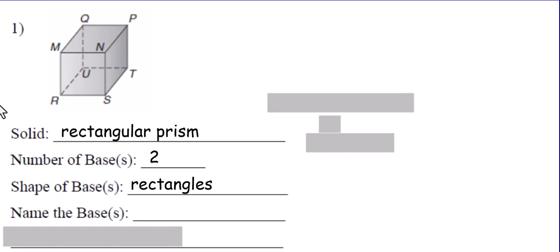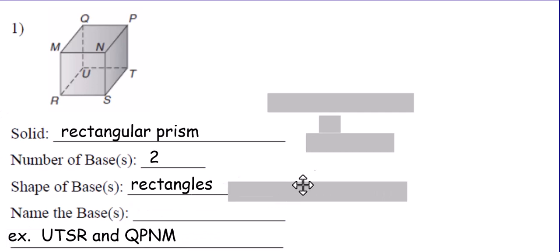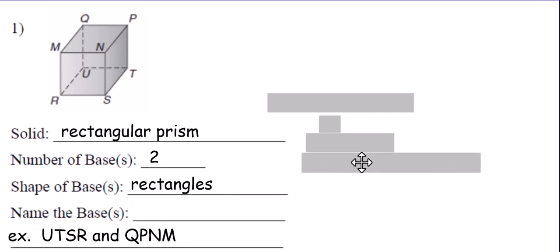I'm going to go with the bottom and the top, and you're going to notice that I listed these. That's why I put EX for example. UTSR, which is going to be the bottom of this rectangular prism that we have. And I'm going to go ahead and highlight that. It's going to be this bottom portion here.